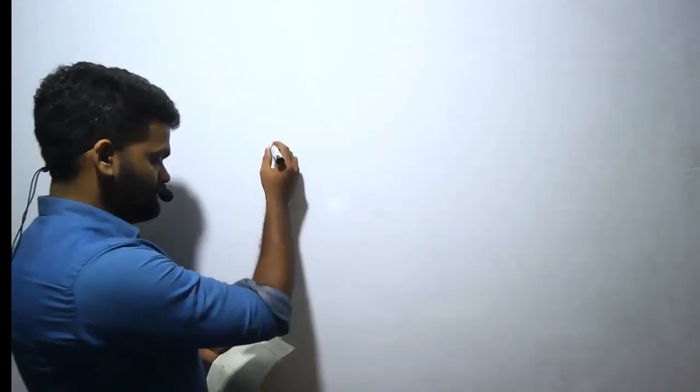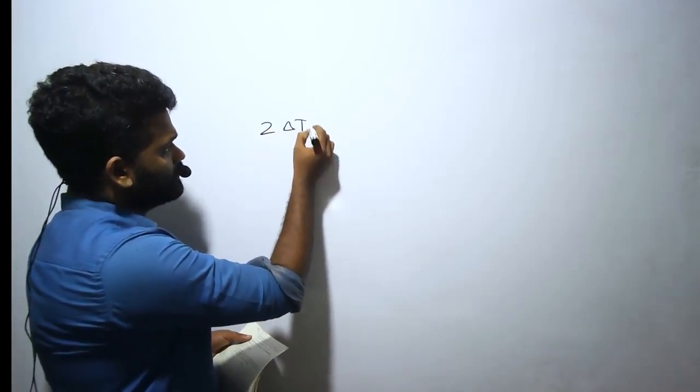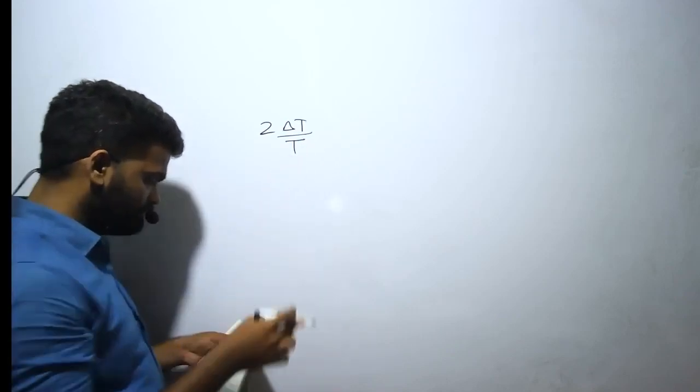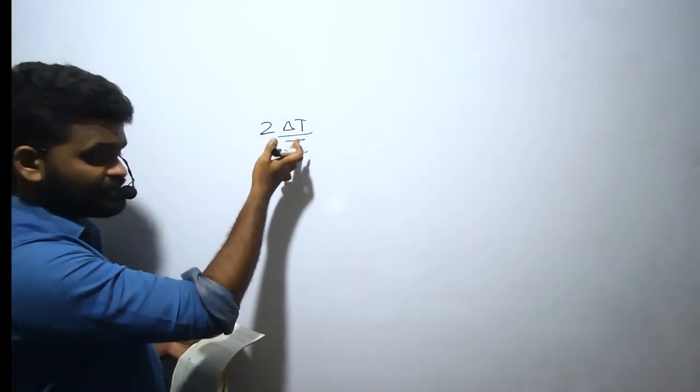If the percentage error of the mass value is 1%, how many oscillations would you need to take in order to match the percentage error of the time period also to be 1%? And they have given an equation for the percentage error of the time period, right? So you have to use that equation. They say this is the fractional error of the time period.